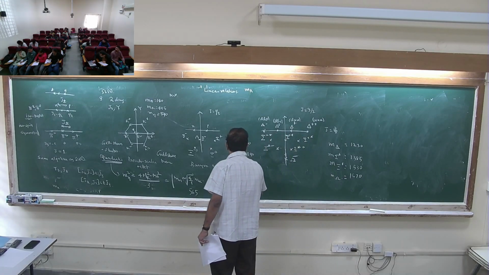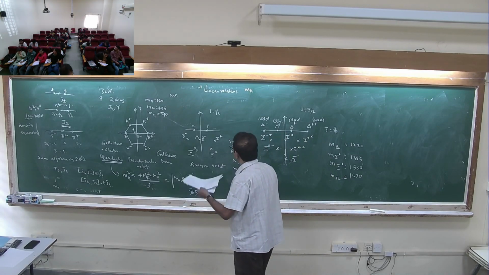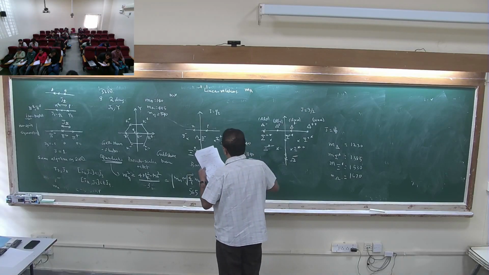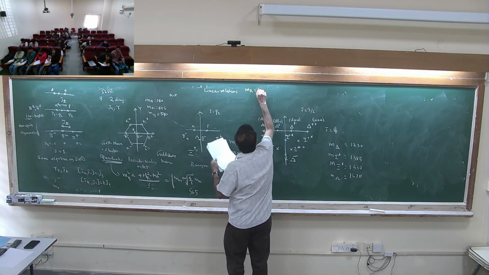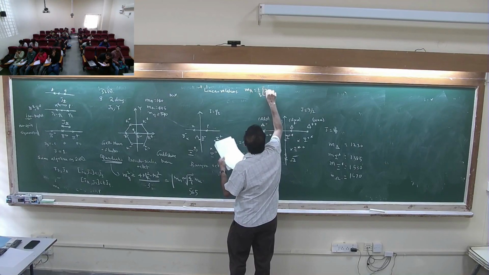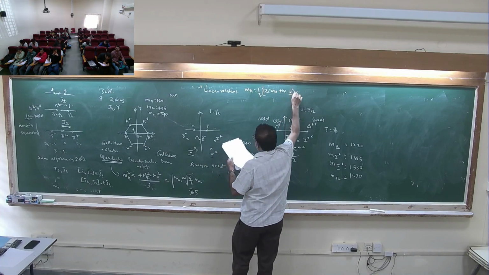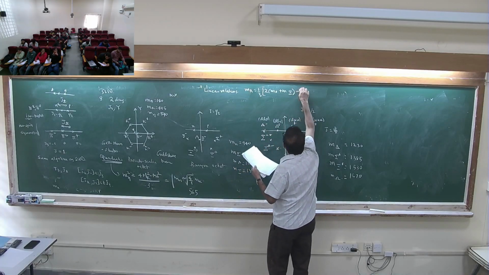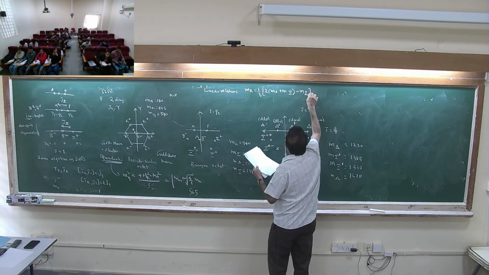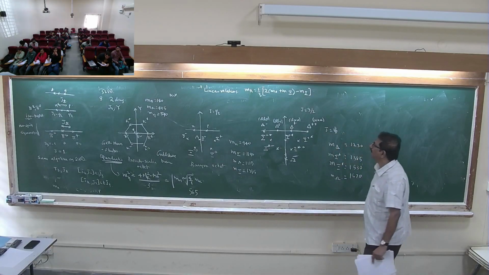So the corresponding relation over here is m_lambda is 1/3 of 2 times m_nucleon plus m_Xi minus m_sigma. So please predict the lambda mass from this.